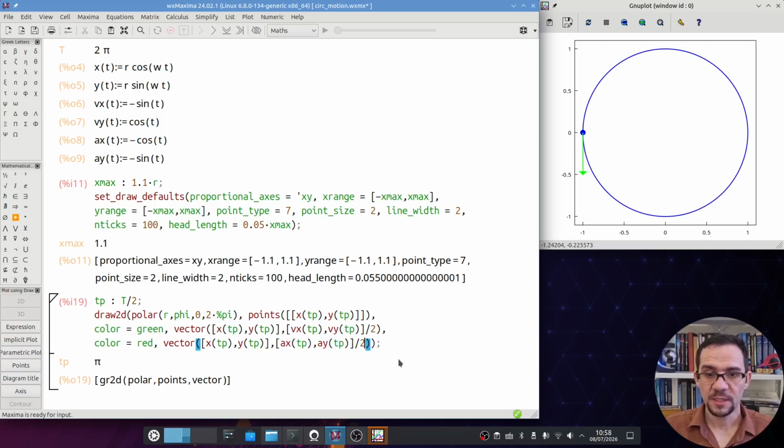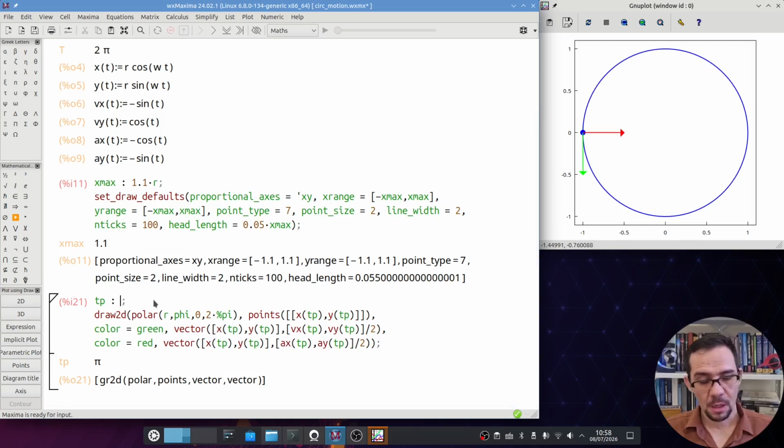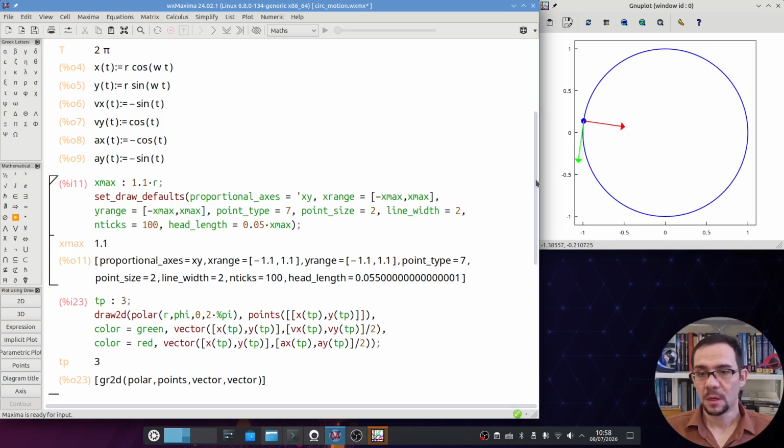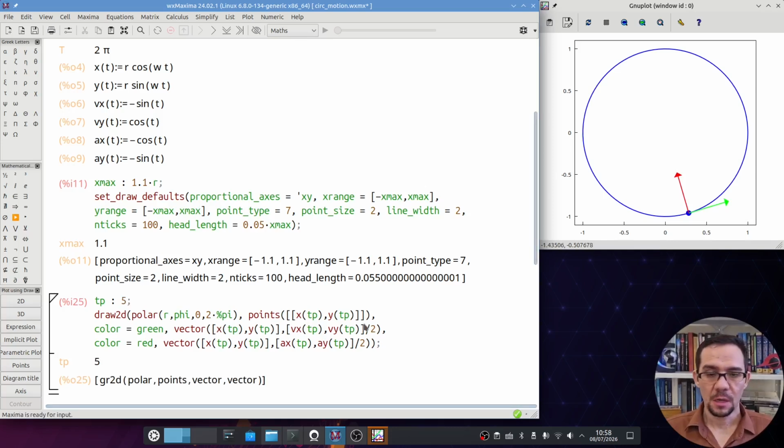And I'm going to divide it also by 2 so that it does not appear too long there. And again, if I change the value of the TP, then the position and the vectors are going to change accordingly. Now let's generate the animation.